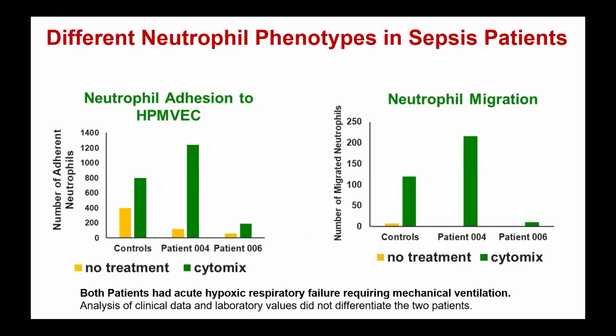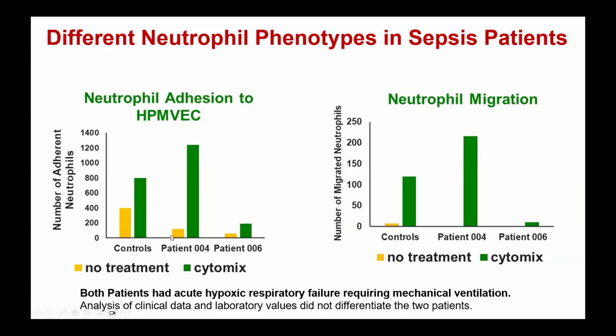These were some of the early patients that we looked at and were actually the ones that piqued our interest. If you look at controls, of course, you see that when there is no treatment, there is a lower level of adhesion. When you activate with cytomix, there is more adhesion. We already know this. This is nothing surprising here.